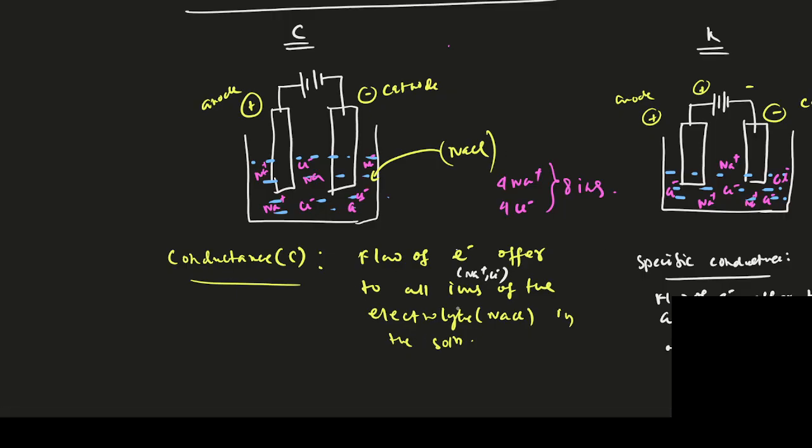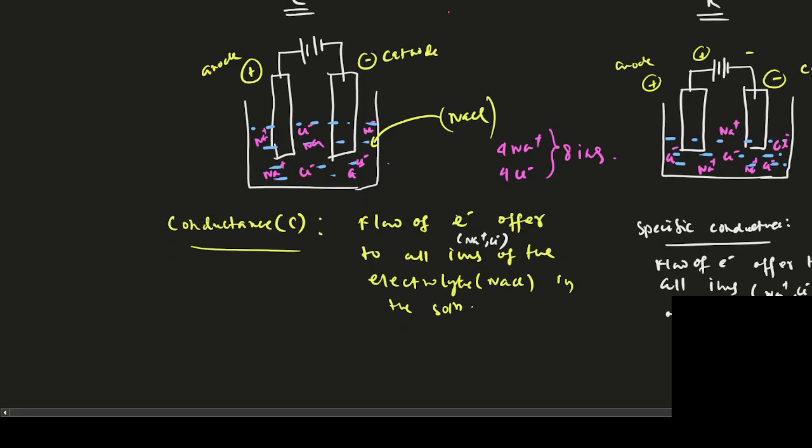Conductance means in the solution, this is not specific. For specific conductance, we specify that in 1 ml of solution, how much electron flow we offer to the ions of the electrolyte. That is called specific conductance, which we discussed in the previous class.